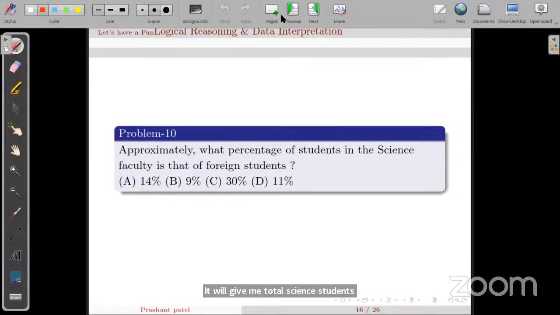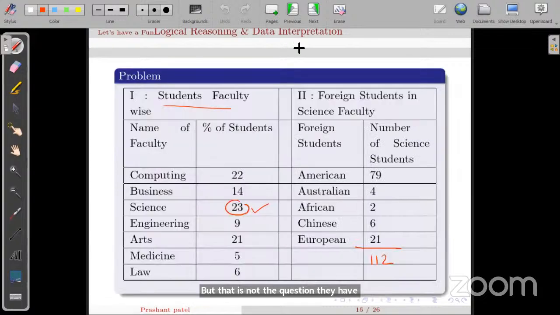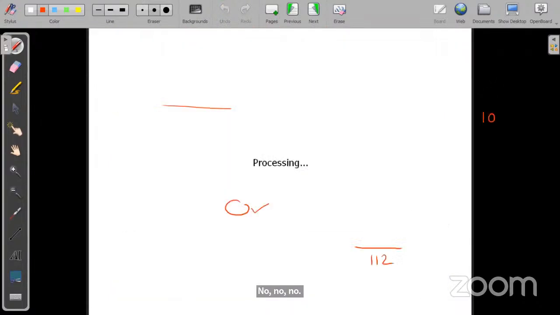But that is not what they have asked for. They have asked for foreign students. So how much percentage of foreign students is there? हमारे पास total students कितने हैं? 1049.